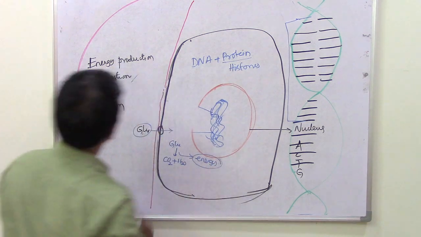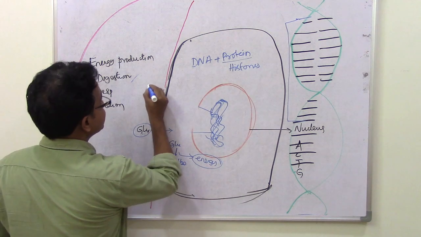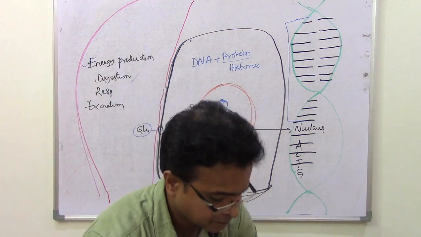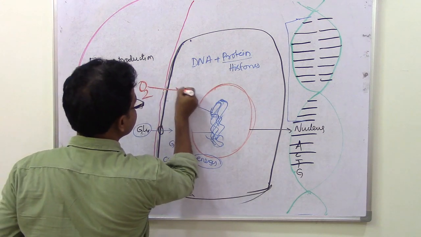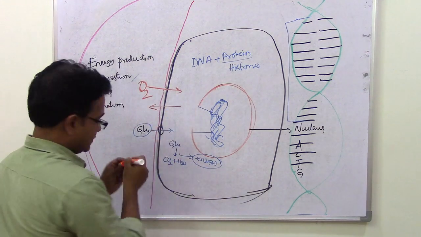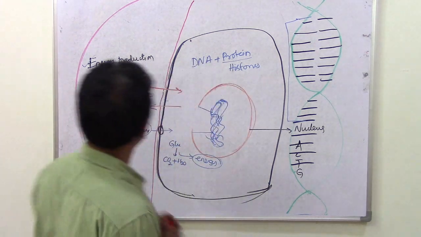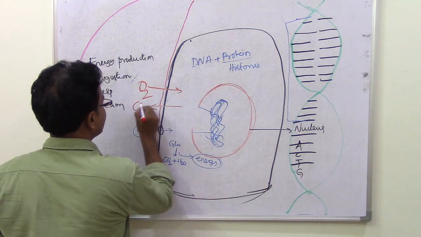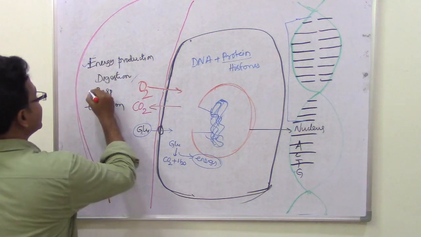Is it not? So it is doing energy production also, and it is taking in oxygen that is there in the blood and sending out carbon dioxide. So it is doing respiration also.